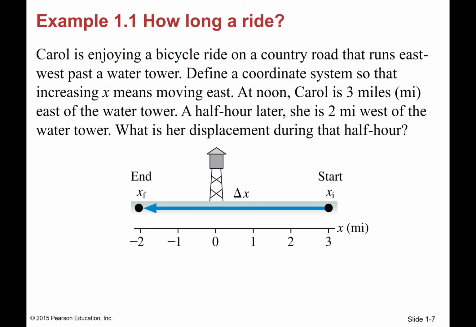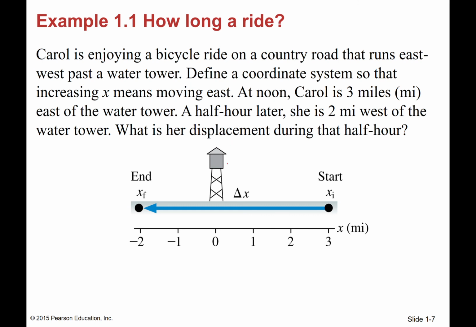So let's look at a simple example. We have Carol. She's enjoying a bicycle ride on a country road, and the country road goes east-west, and then there is a water tower there.